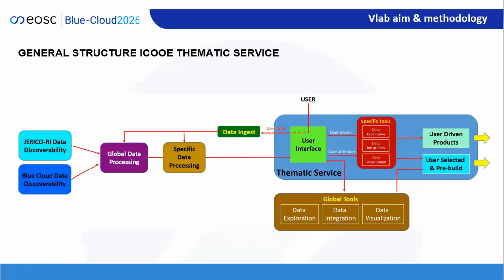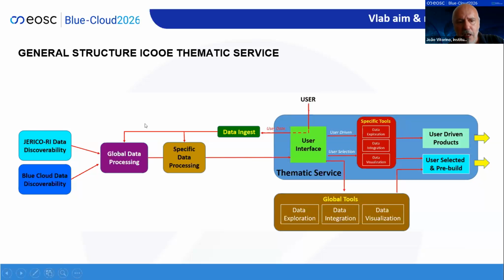For a general overview of the thematic services that we have developed, we are starting from the discoverability of the data related to systems operated by JERICO-RI, with other sources of observations or complementary data that are available through the discoverability capacities of the Blue Cloud in a number of other data aggregators.